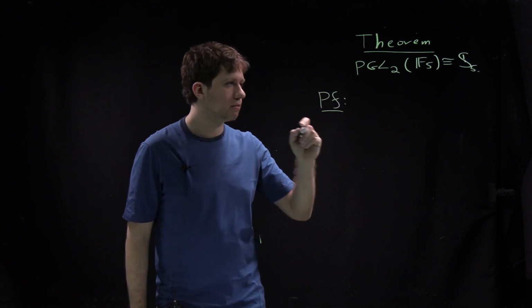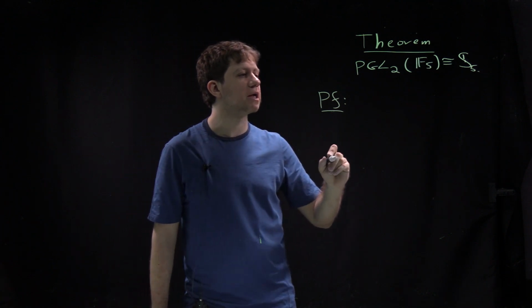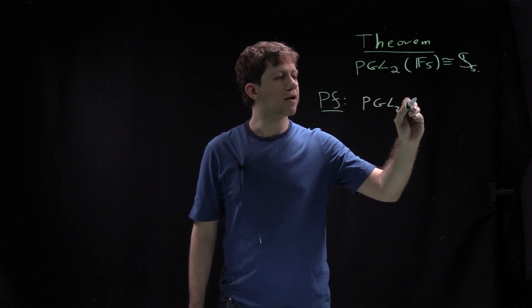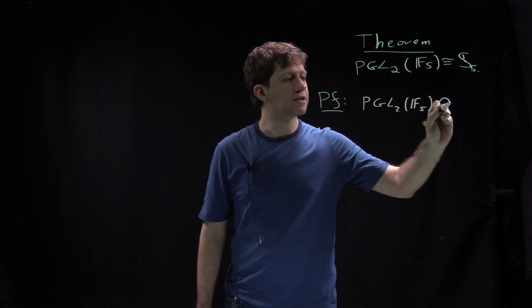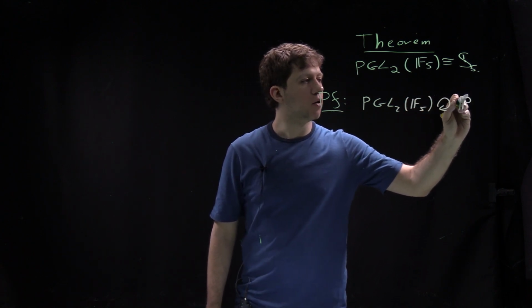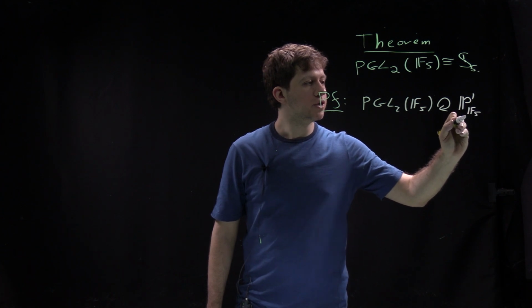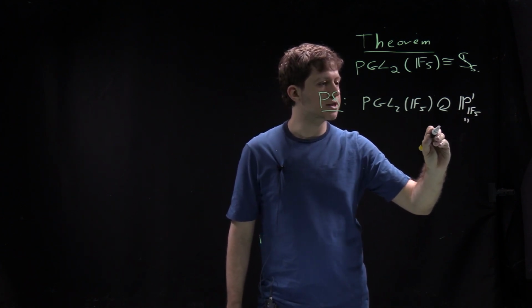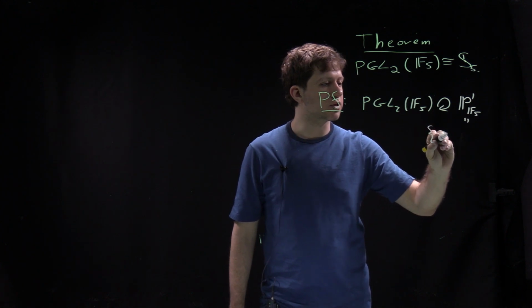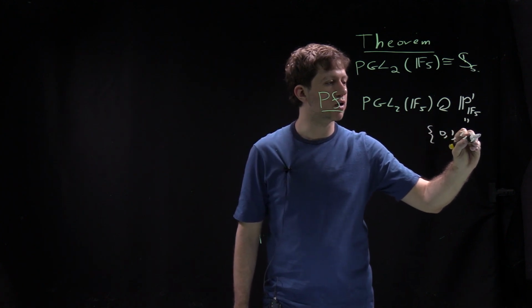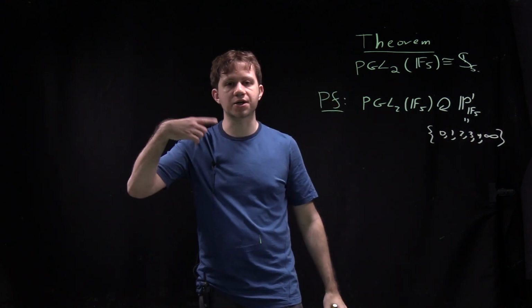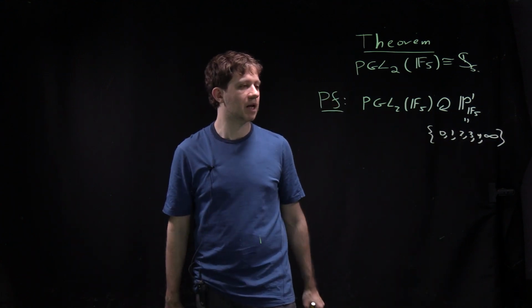We have already something along these lines, because PGL2 of F5 acts on P1 over F5, which is just this line with 6 points. So this is a set. You can think of it as 0, 1, 2, 3, 4, infinity. You can think of it as acting there by these fractional linear transformations we discussed.